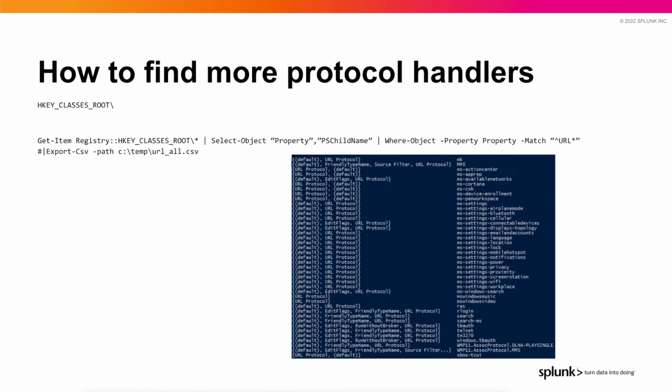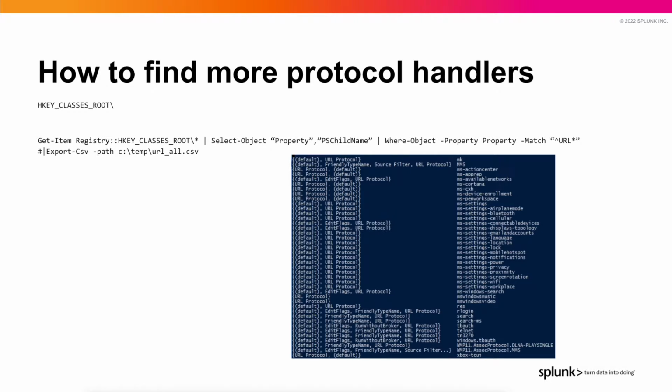But why does this matter? Well, ms-msdt is a URL protocol, which is why it's able to perform this particular 0-day type behavior. I'm not saying all of these are 0-days, but maybe potentially these could be abused in the future. So I'm trying to future-proof my analytics, or at least an analytic to hunt for these things in my environment, so that I know what's out there tomorrow.